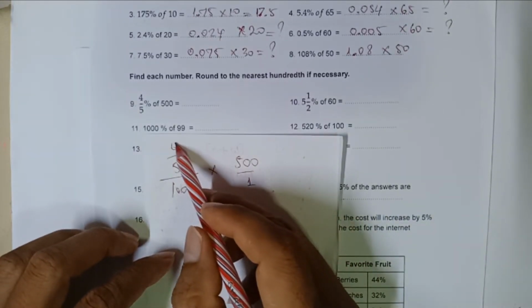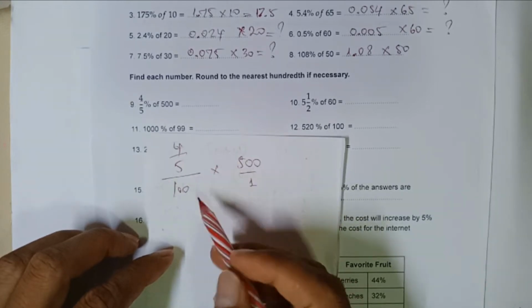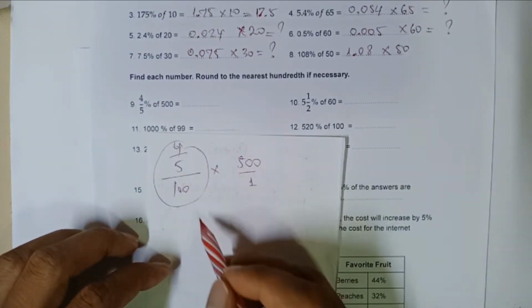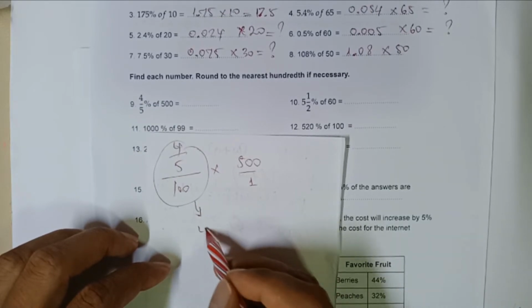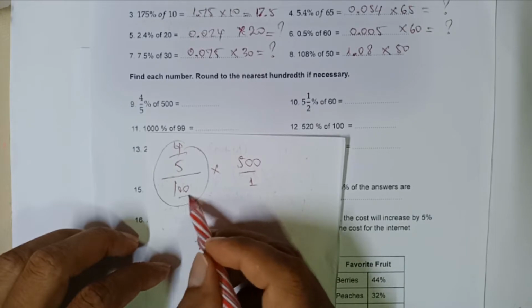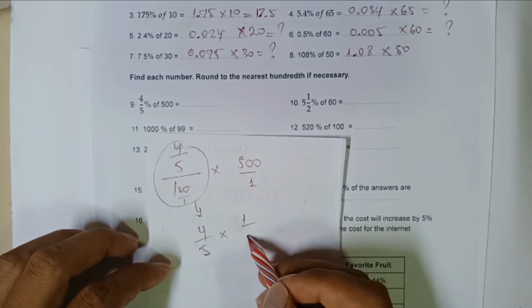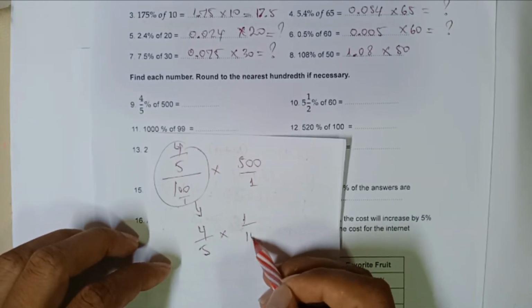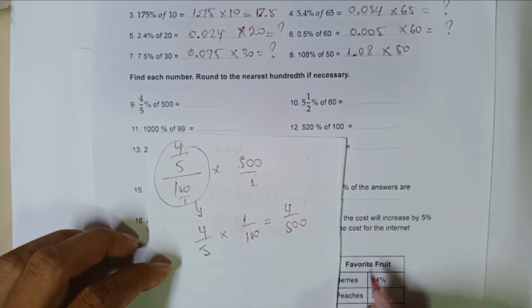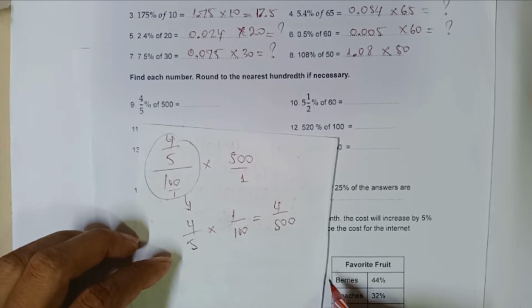So I will simplify this first. In other words, for this part alone, I have 4 over 5 multiplied by the inverse of the second fraction, 1 over 100. So I have 4 over 500. Okay.